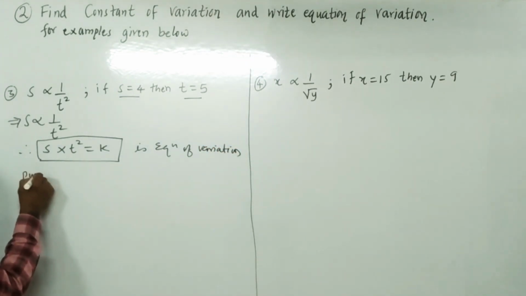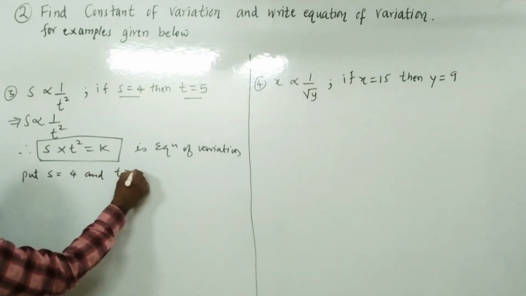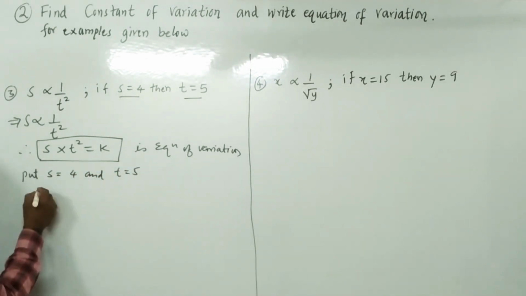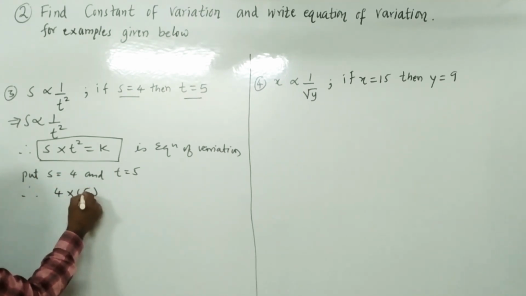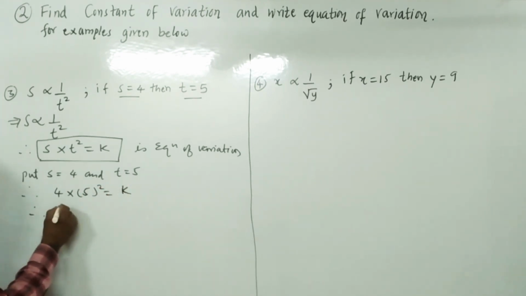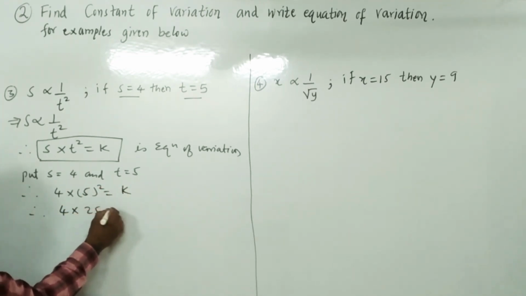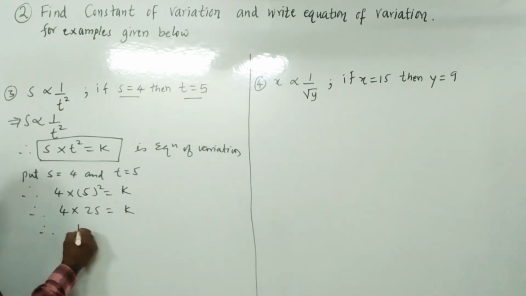Now put s is equal to 4 and t is equal to 5 in the given equation. Therefore, 4 into 5 square is equal to k. Therefore, 4 into 25 is equal to k. Therefore, 25 4s are 100 is equal to k.